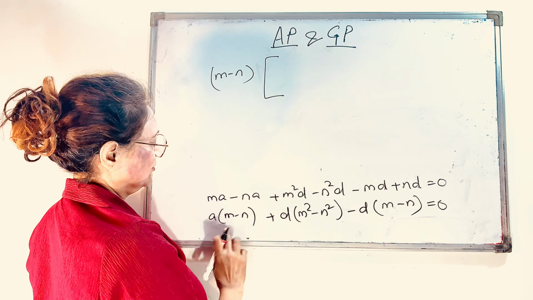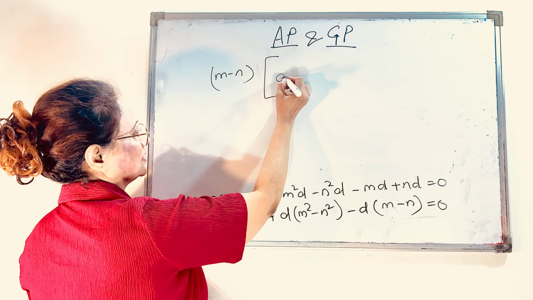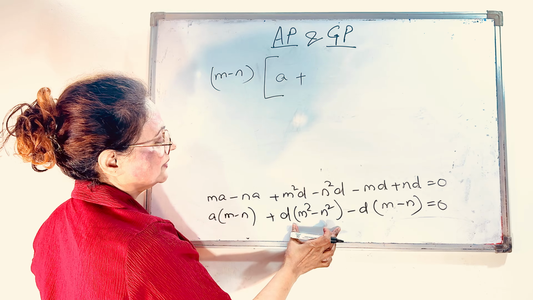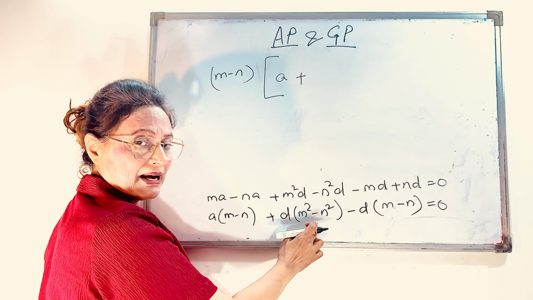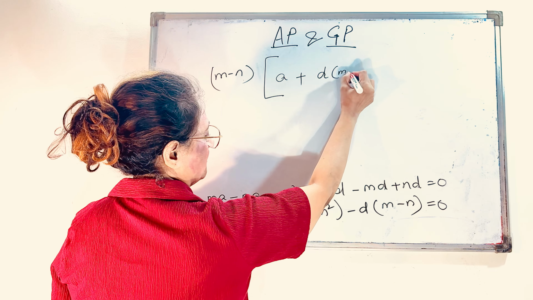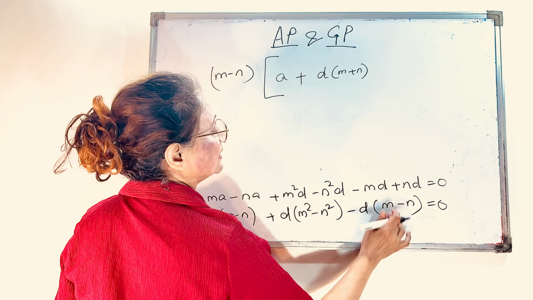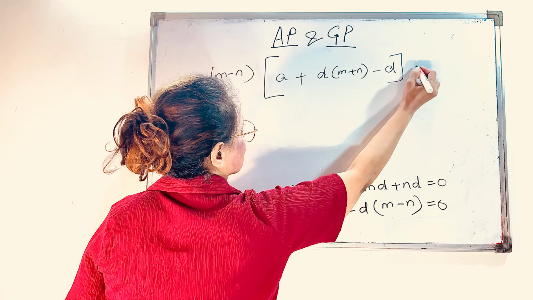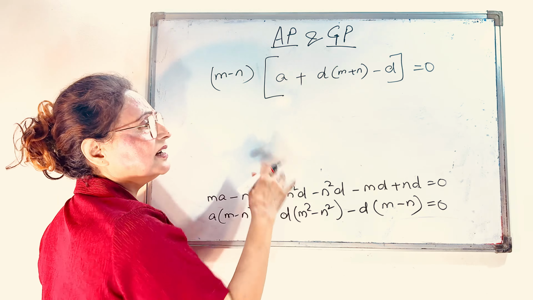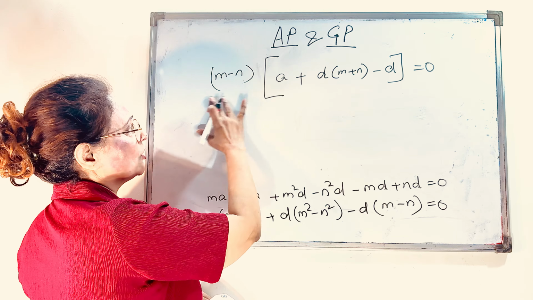What remains? From the first term, a remains, plus from this term, m square minus n square is (m plus n) into (m minus n). m minus n has gone out, so m plus n remains, and from here minus d only, right? This is equal to 0. m and n are two different numbers, so m minus n cannot be 0.